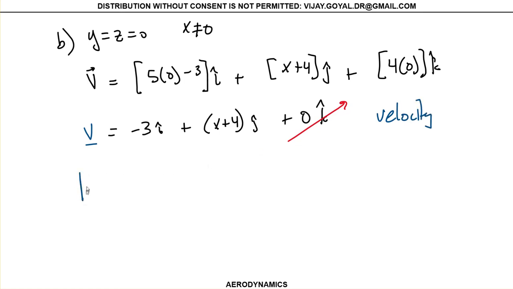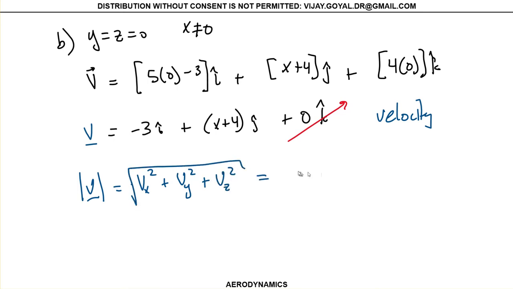To find your speed, take the absolute value of that. That would give you the square root of vx squared plus vy squared plus vz squared, and that would give you minus 3 squared plus x plus 4 squared plus 0 squared.